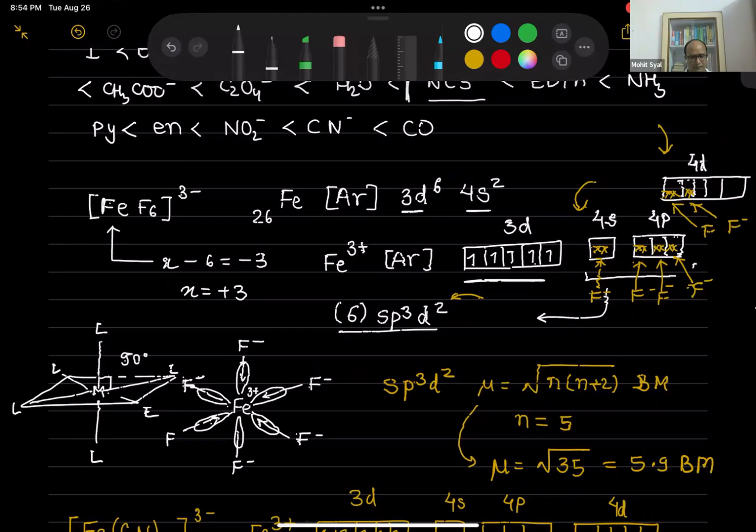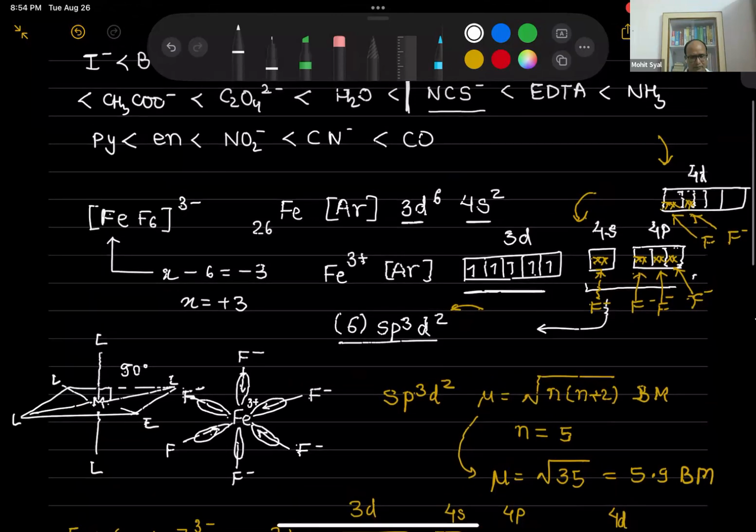Yes. So if you have 6 groups, 6 ligands, listen to me very carefully, all of you, either the hybridization is going to be d2sp3. That is going to happen if you use inner d orbitals for bonding, if they are empty, if they are available, or if they are made available by the strong ligands, which force the unpaired electrons to pair.